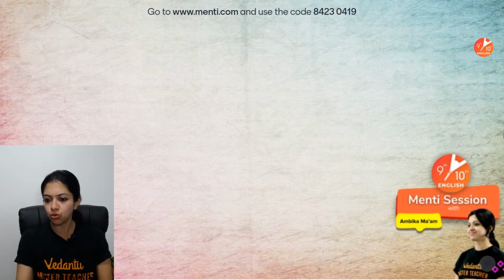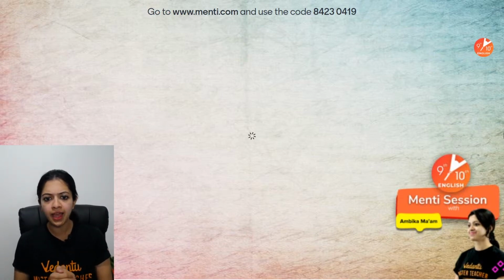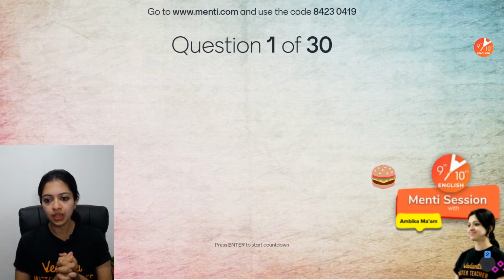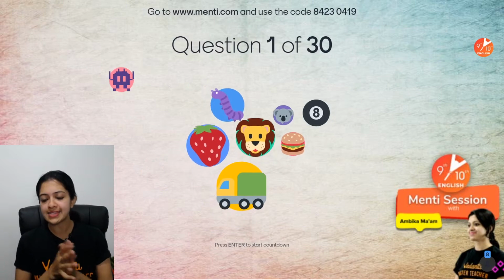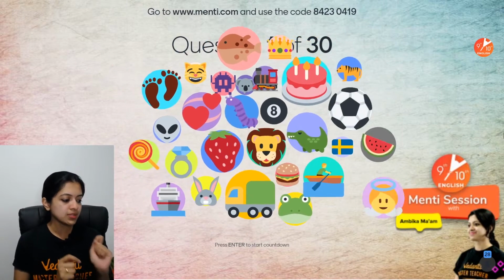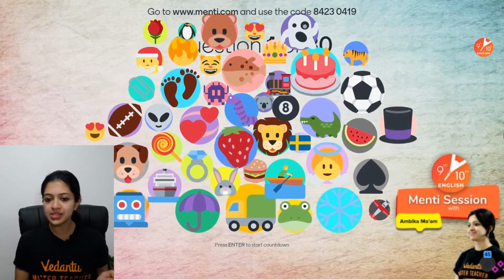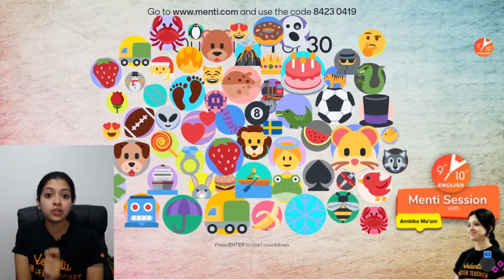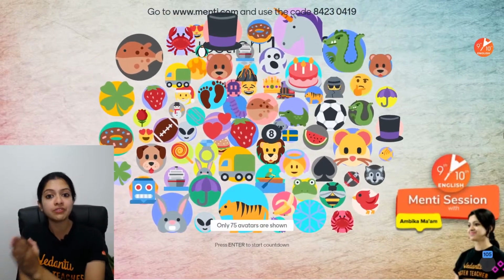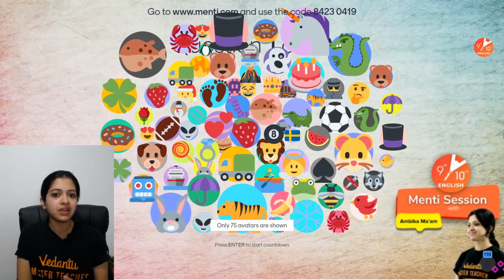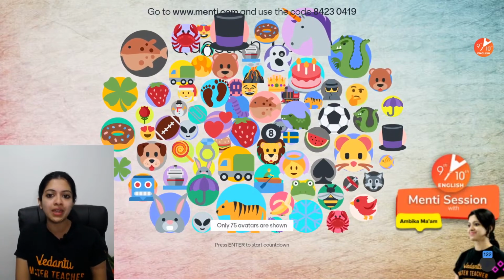Joined, Akanksha? Okay. So let's probably have a look at the icons. Okay. Now I can see people. Yes. So children, anyone who's never been part of any Menti session, please open www.menti.com on a different tab or on a different device. Probably, ideally, a different device would be easier for you to handle both together.